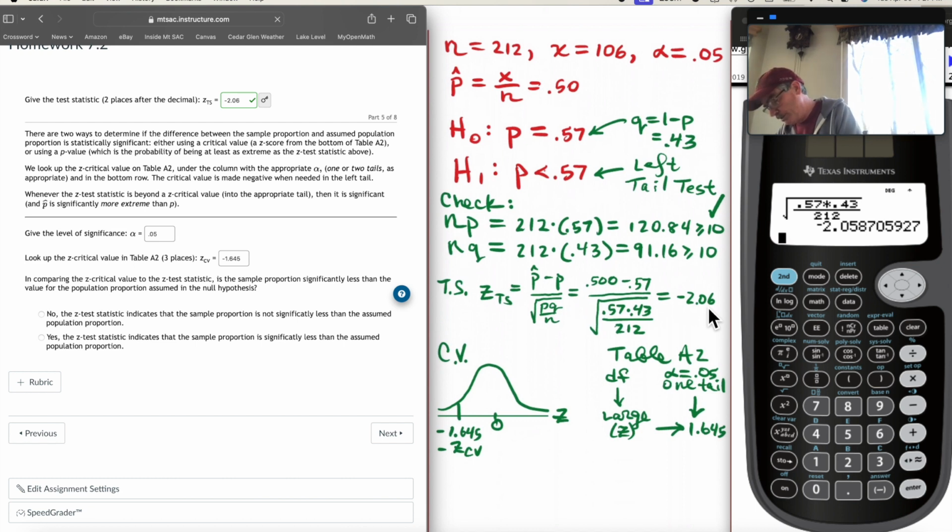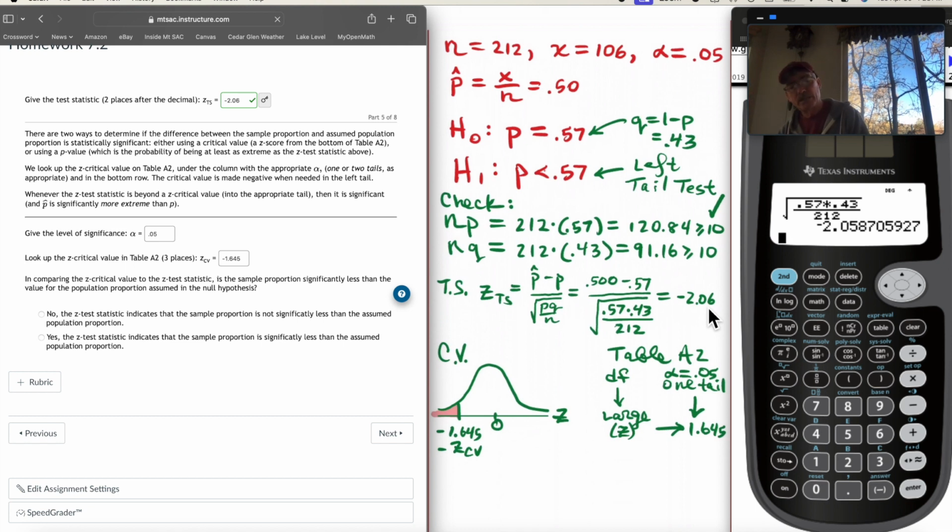What I'm going to do is shade the tail here. This little tail that starts at the critical value, okay, I want to go ahead and plot where my negative 2.06 is. It's going to be over here in the distribution. So we're putting the negative 2.06 just right here.